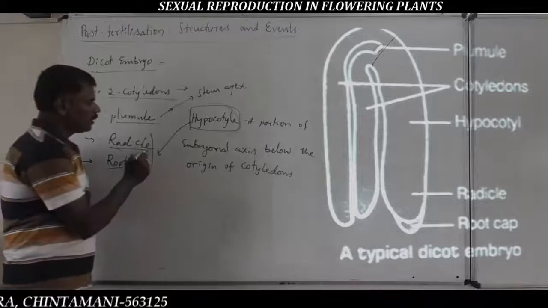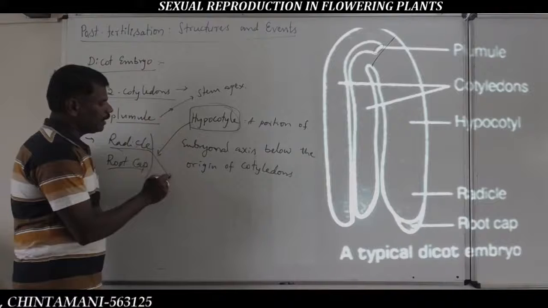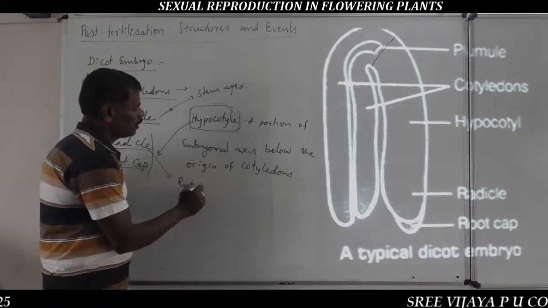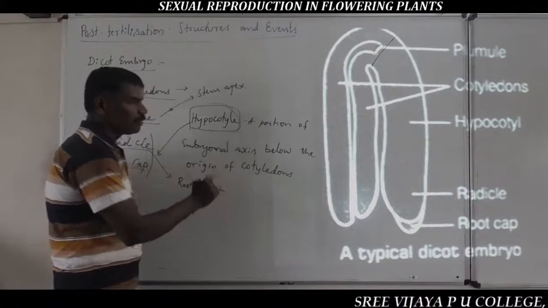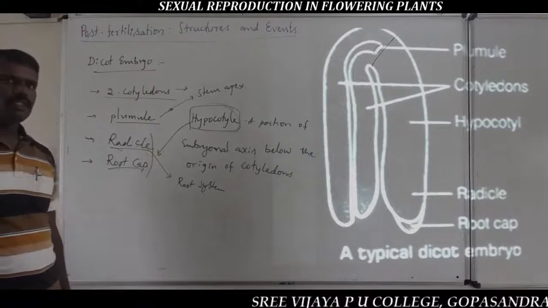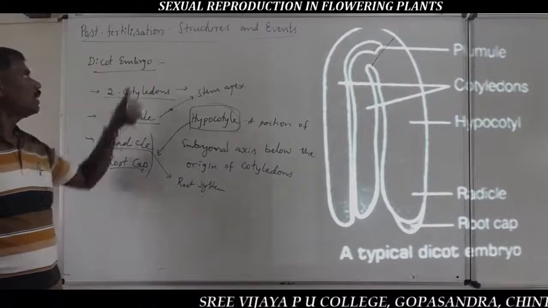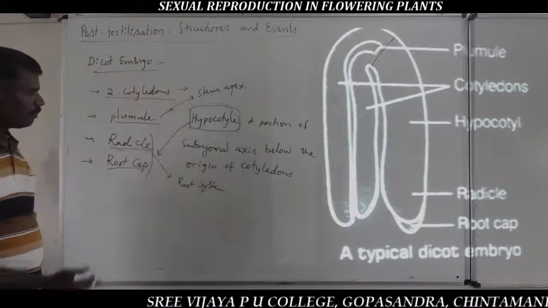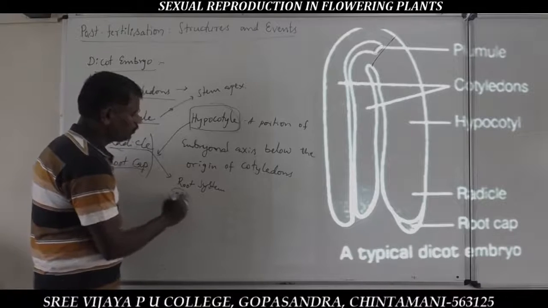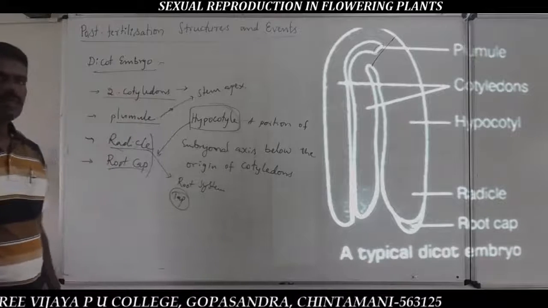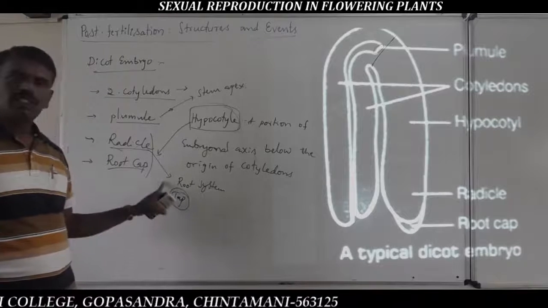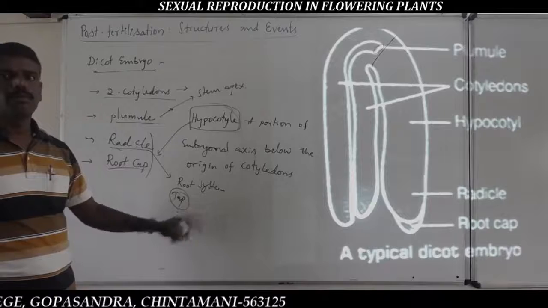Here the radicle develops as the root system, or roots. You know that the radicle of the dicot embryo develops as the taproot system.